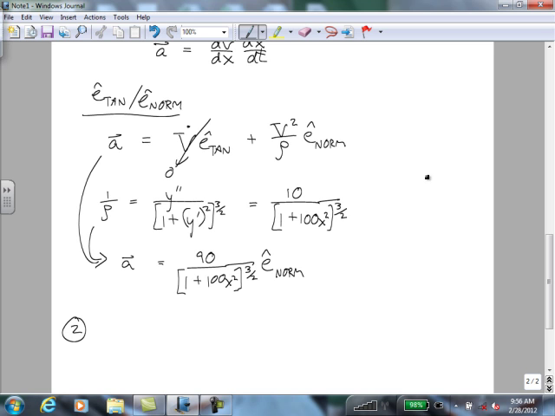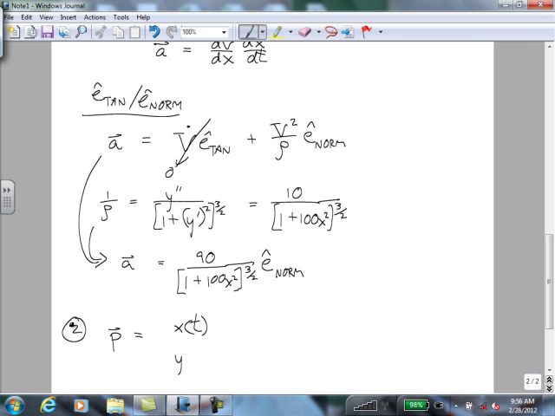Okay, the second one. So it starts off the same. You have y as a function of x. But if you can just substitute something in that gives you y as a function of t, then you're set.